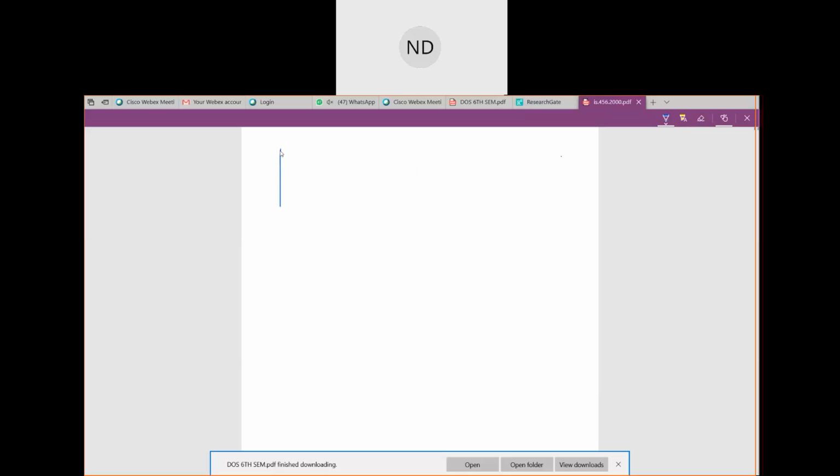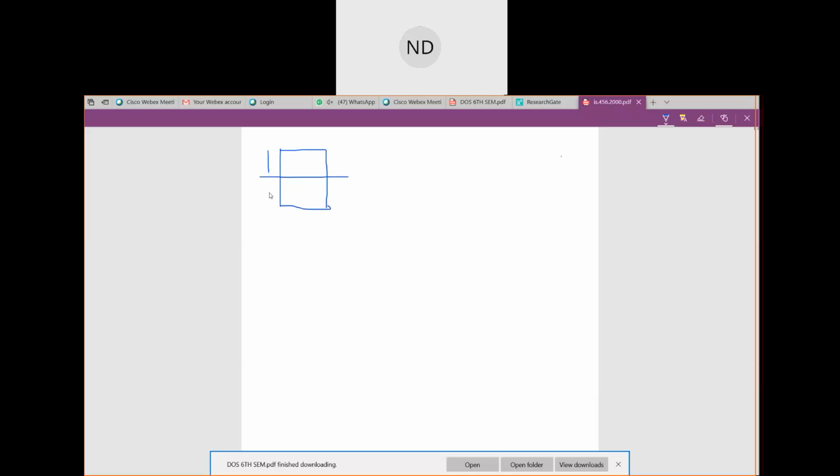Suppose this is your rectangular section. This is the center, the CG.